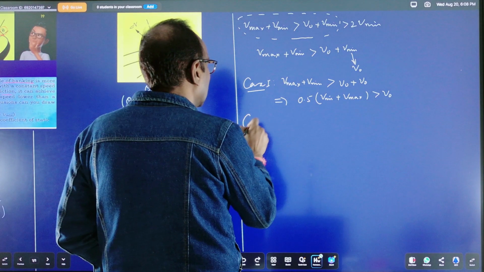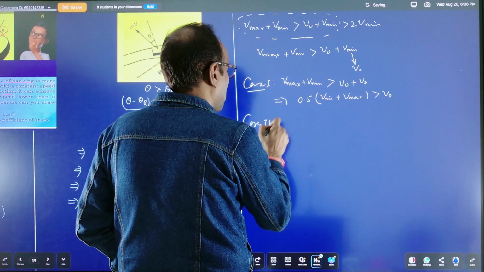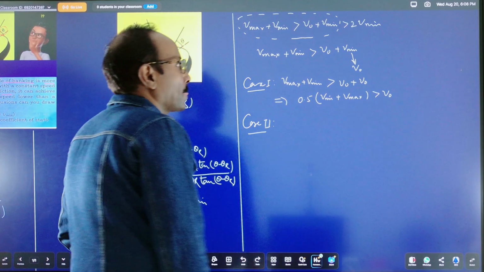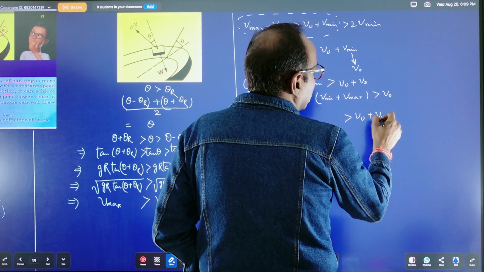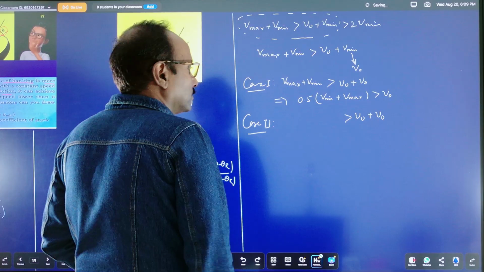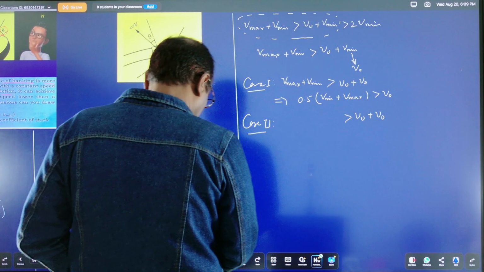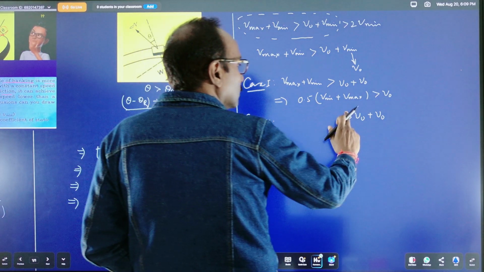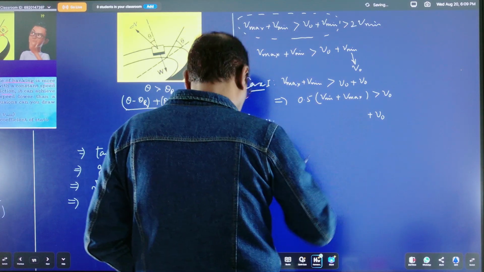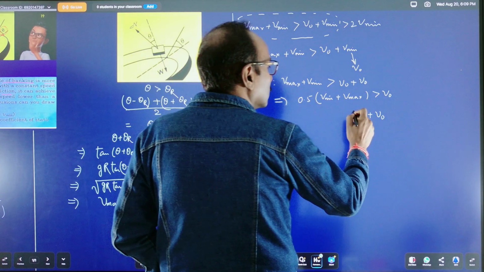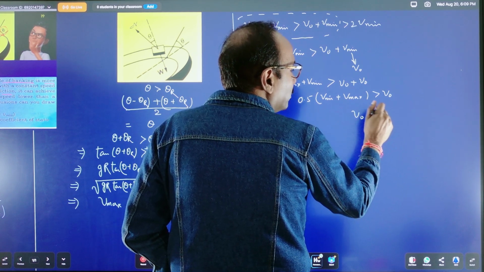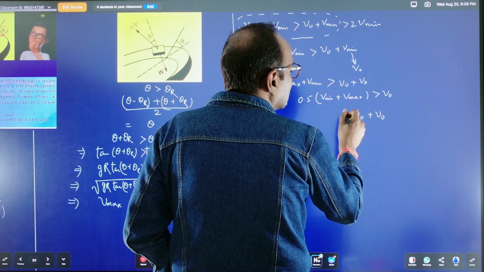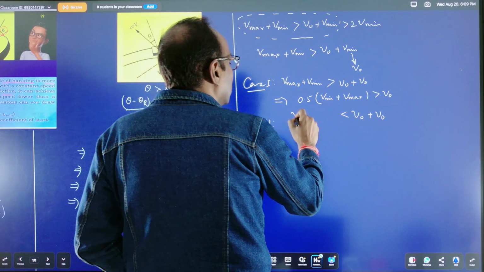In the second case, maybe V naught plus V naught, when we replace V min by V naught, is greater than your V max plus V minimum.